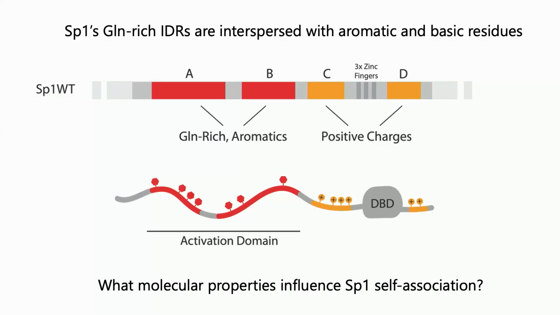And so Abrar decided to study this. So SP1 has a DNA binding domain, four zinc fingers. It also has a long low complexity domain that contains aromatic amino acids and charged amino acids. And so he decided to study this.